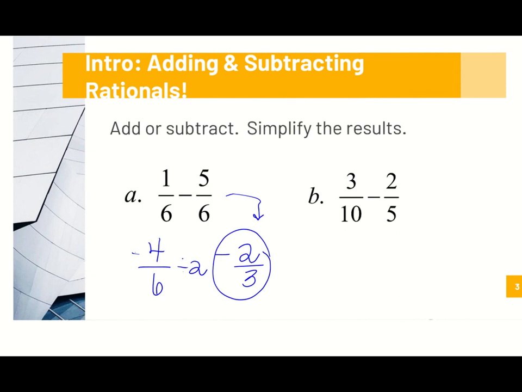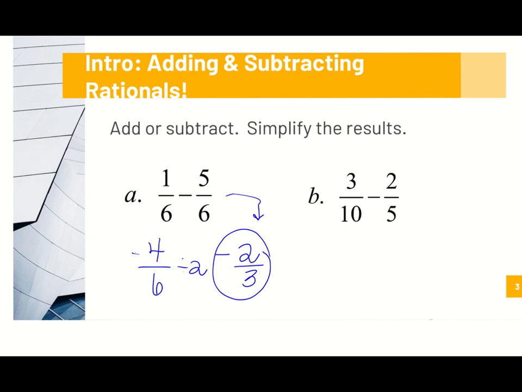So we're going to look at adding and subtracting rationals with like denominators. We also are going to look at adding or subtracting with unlike denominators. So in B, 10 and 5 are not the same. So my goal is to get a common denominator, a denominator that is the same.